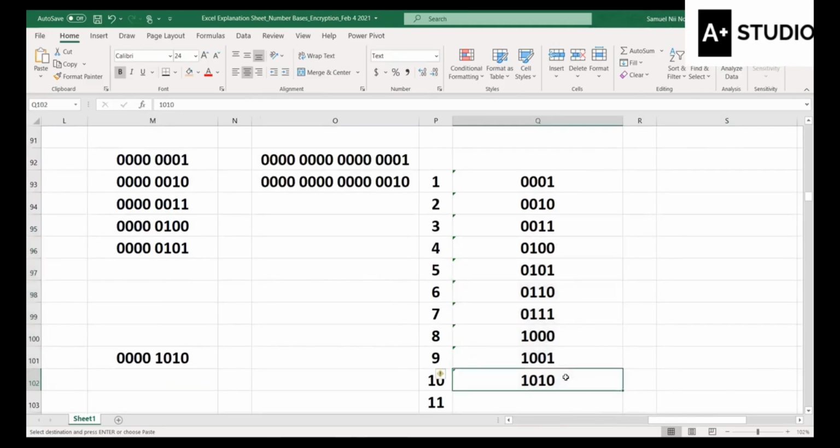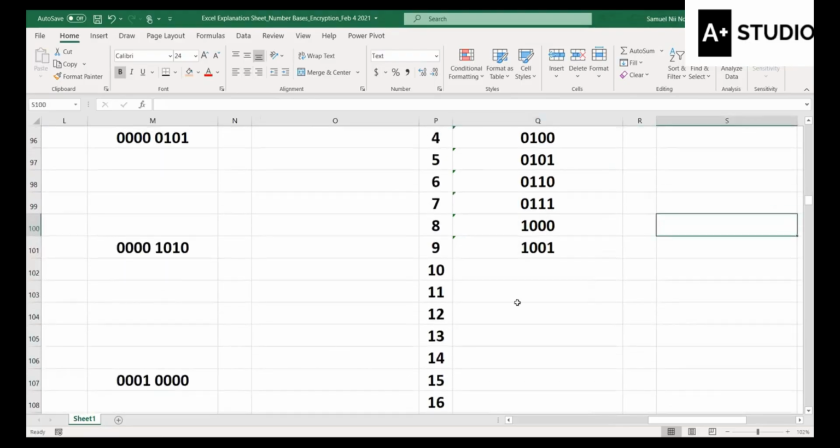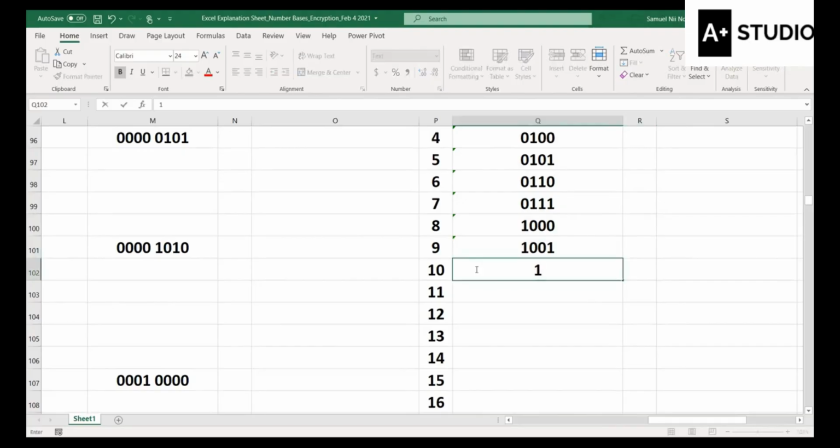Okay, but when we get to a number like 10, what BCD does is that it's going to pick each digit, okay? Let me do it this way, then I'll explain. 1. What is 1 in a bit of 4? It's 0, 0, 0, 1, okay? What is 0 in a bit of 4? That is 0, 0, 0, 0.